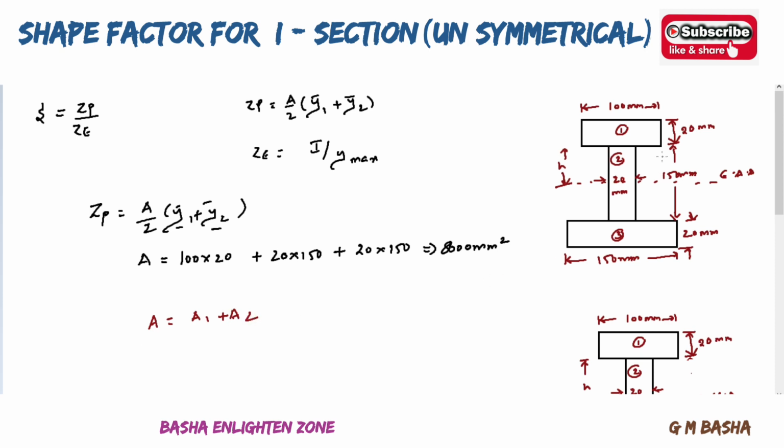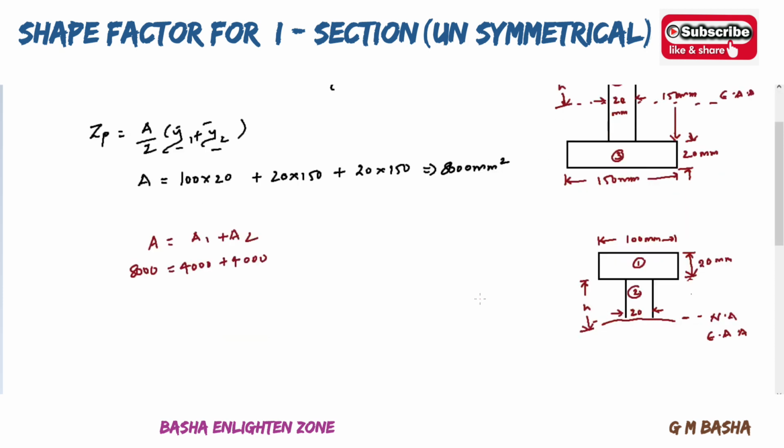This overall area 8000 will be equal to 4000 plus 4000, but I don't know how the 4000 will come for the upper section. For that I am dividing the area by 2, A1 part to A2 part.